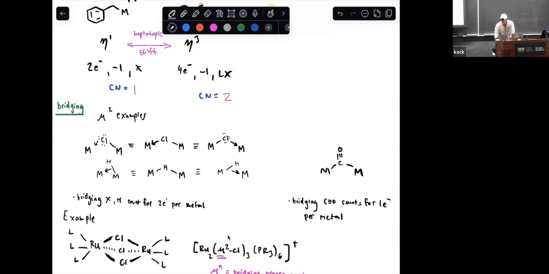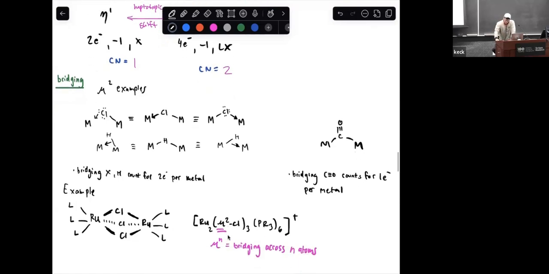So the short answer is, if you're just given a molecular formula, you'd need some hints for how to represent it. One hint would be if you're getting to very, very low coordination numbers or low electron counts, then that's a signaling element that it would probably adopt a higher hapticity in order to be more coordinatively saturated.